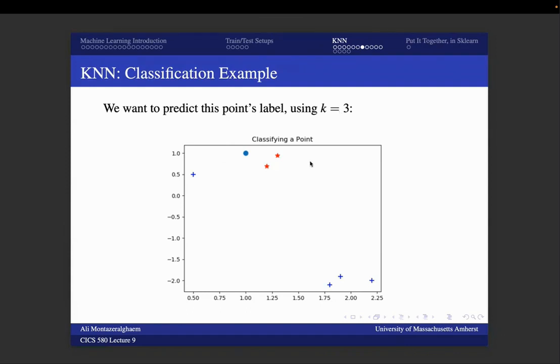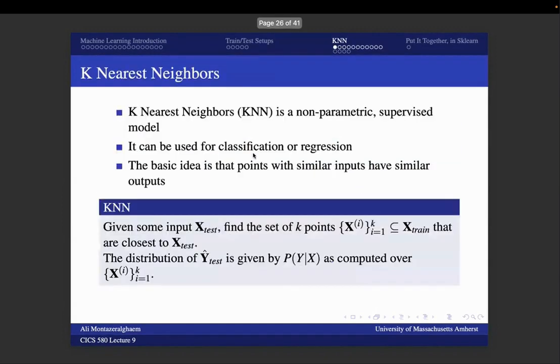We have two classes, star and plus, and we want to predict a label for the new data point. For example, here, the x test is the new data point that we get, and then we take k equal to, for example, 3, and we want to find the 3 data points that are closest to the new data.